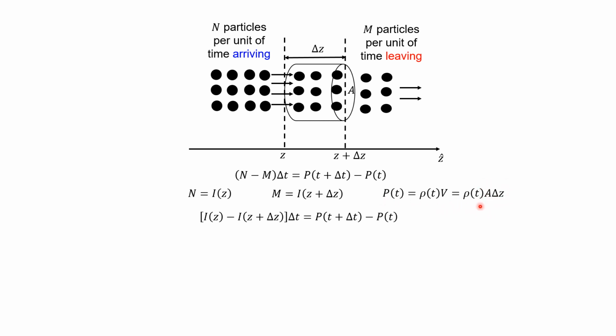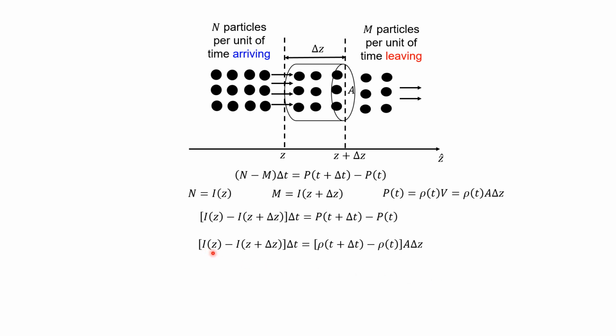So we're going to use this term to express this relationship. Doing that, we just multiply everything by A times delta z and replace P with ρ. So now we have a relationship in terms of current and concentration, which is basically what we wanted.